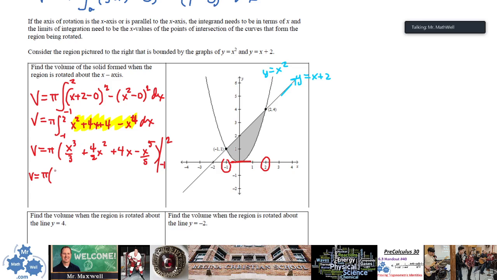So 2 cubed is 8, so that's 8 over 3, plus 2 times 2 squared, since 2 squared is 4, so that's 8, plus 8, minus x to the 5, that's 32 over 5. Okay.